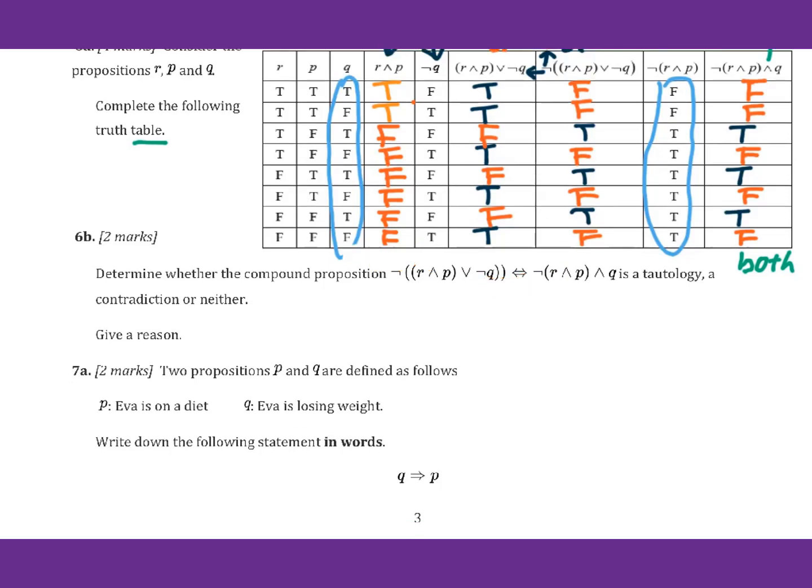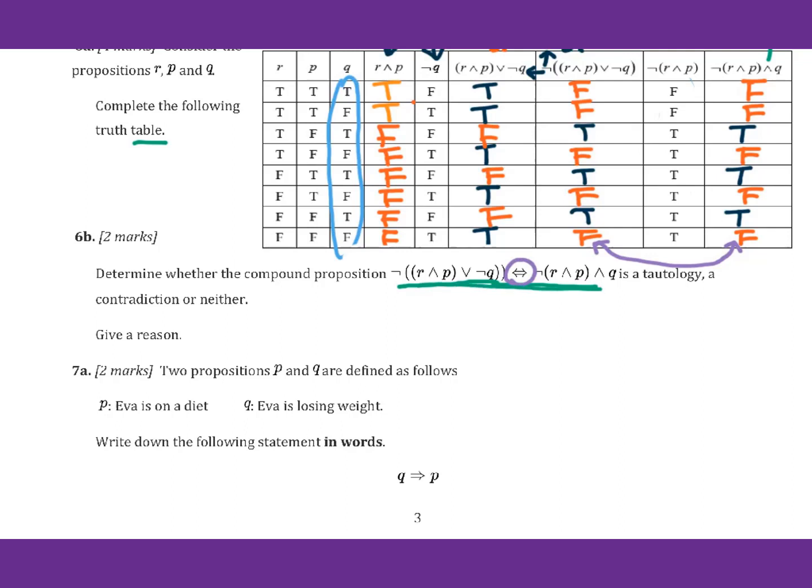For 6B, determine whether the compound proposition is a tautology, a contradiction, or neither. We check these two columns. They are exactly the same. So, to be true for this equivalence symbol, they must be exactly the same.